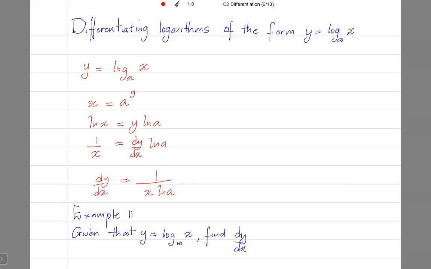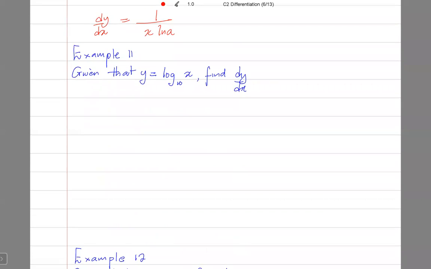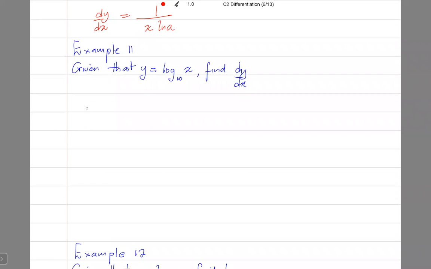All right, so example 11. What we have with example 11 is that y is equal to log to the base 10 of x. Let's move from log form to index form. If I do that, I'm going to get x is equal to 10 raised to the power y.